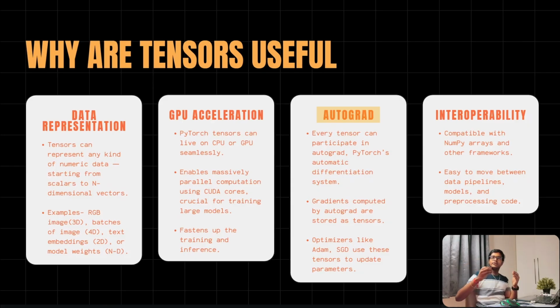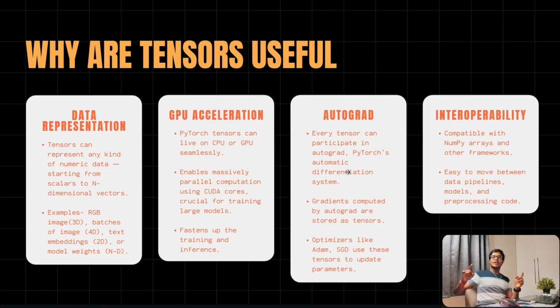Once our neural network parameters are all represented as tensors, they can work with autograd, which means that during backpropagation all these gradients are automatically computed by PyTorch autograd, so we don't have to sit down and compute them manually. That makes the training process much more efficient and feasible. And once we have our gradients, we can use any optimizer like Adam, AdaGrad, SGD, or RMSProp to update our neural network parameters, making the whole training process smoother.